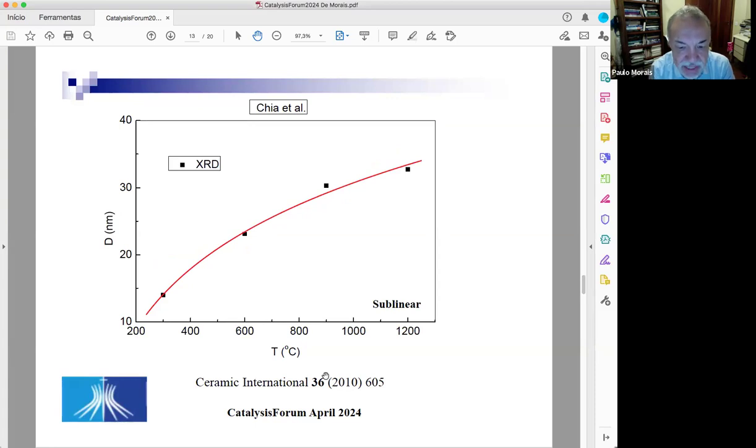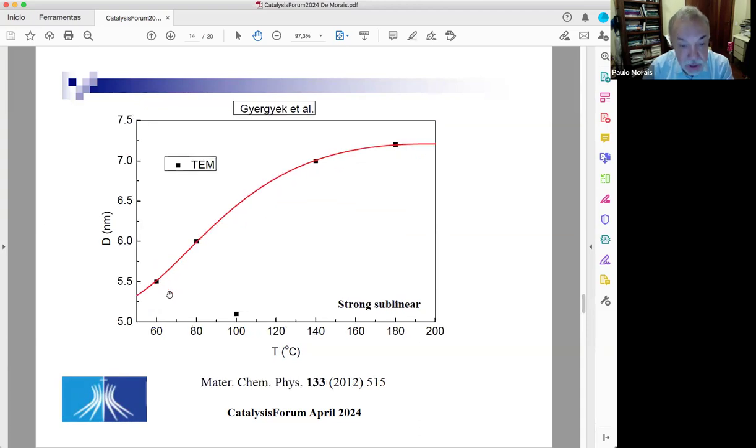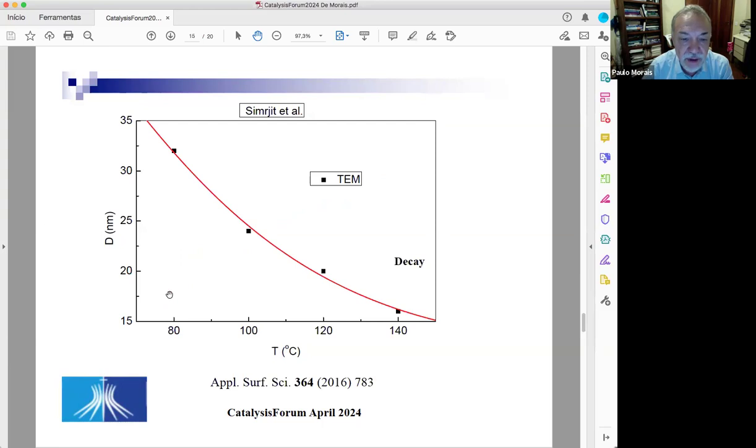So we can find data in the literature where the temperature dependence of the typical size is sublinear, and even strongly sublinear. And finally, a very interesting data set which decays as a function of temperature. So you can see how diverse the coarsening process is as a function of temperature.